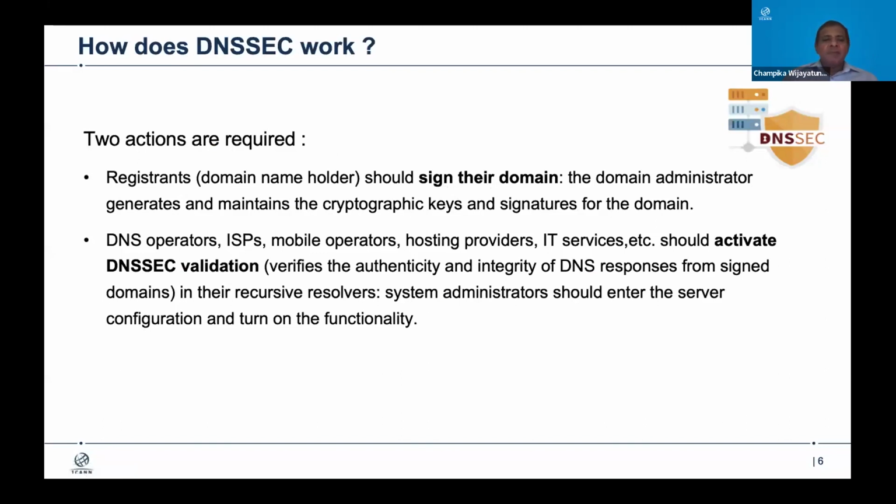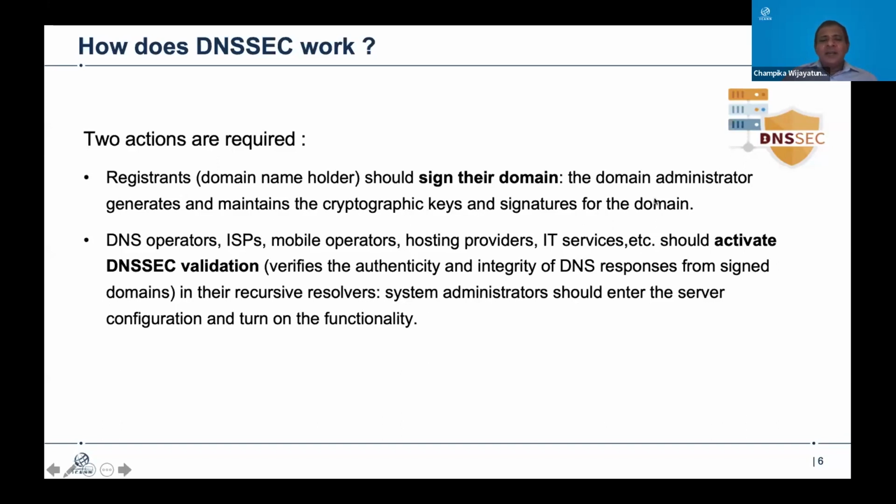This domain name may be under .com or maybe under .mm with a second level domain, or a third level domain. So if you have that namespace, and you're managing the authoritative name service, you have to digitally sign the data within that zone or within that domain, okay?